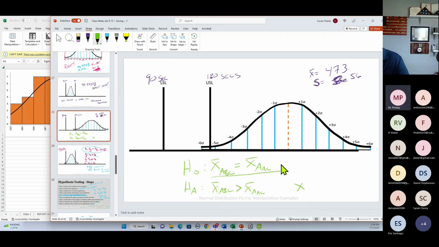You're always going to have this as your null. If I were to write that and say it's not equal, that would be a two-tail, which is what you were saying. I think you were looking at the null hypothesis and making that split. So your logic was all there, but it's got to be for the alternate.